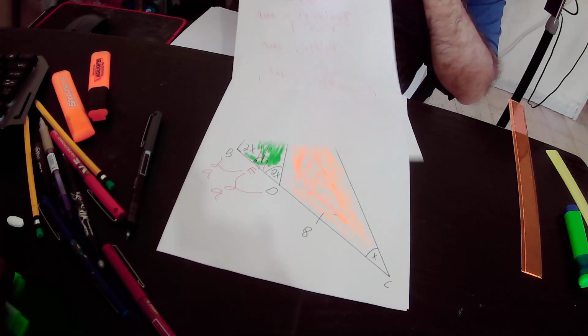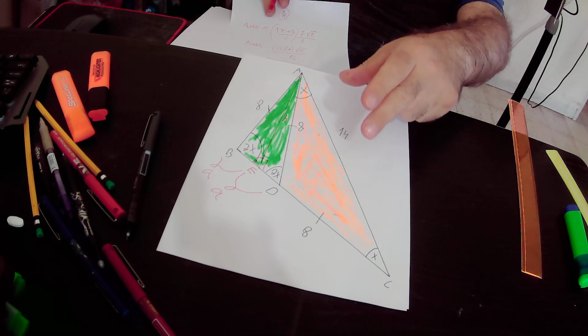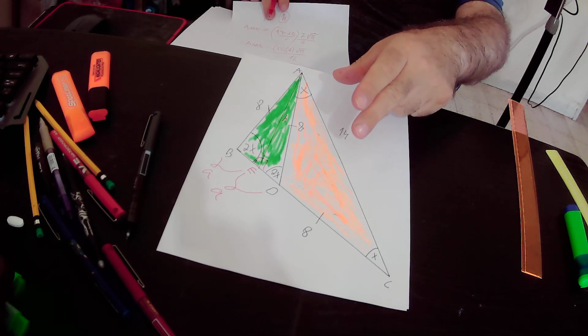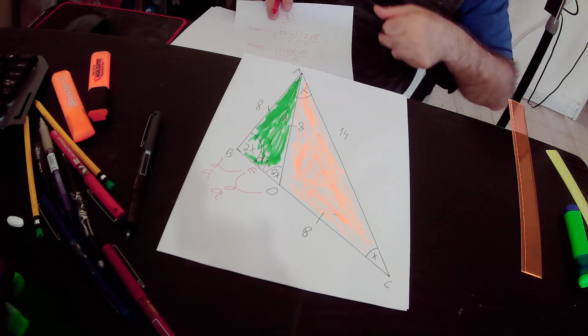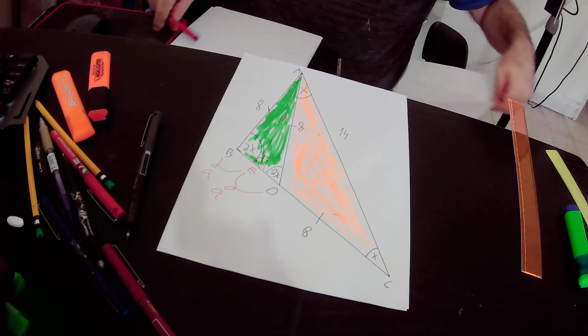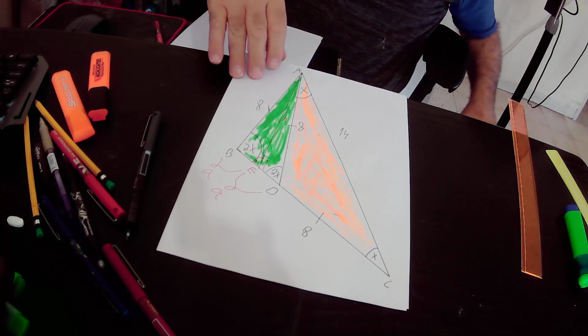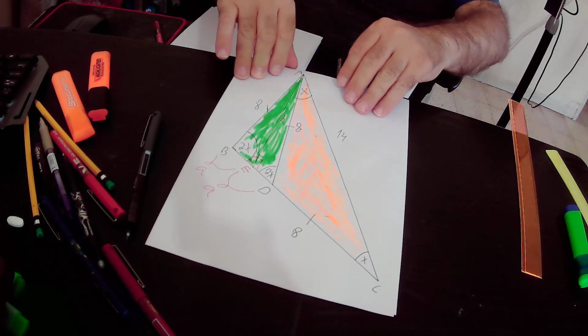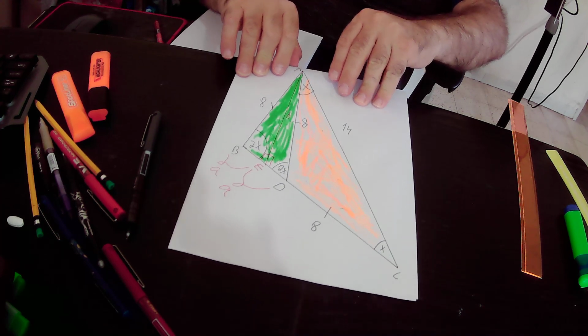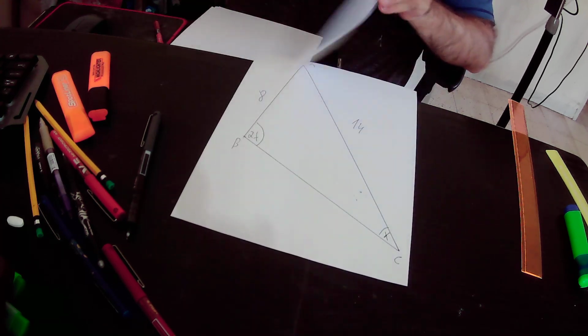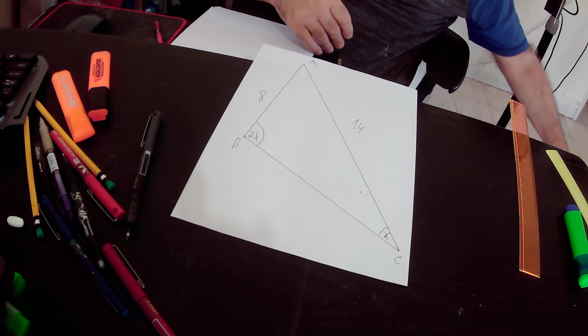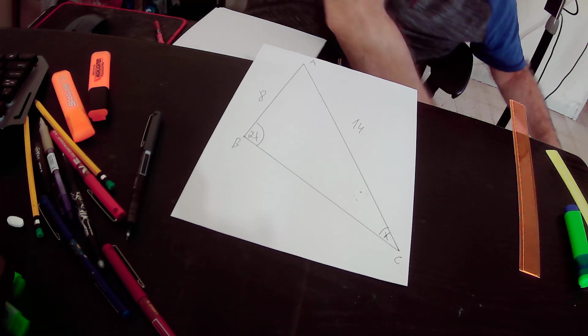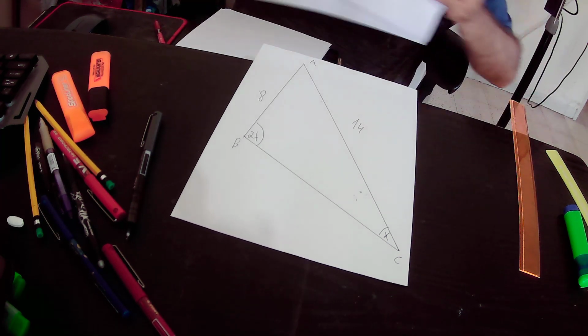Okay. The area of this triangle equals 231 times root 15 over 16 square units. So that was the first method to find out the area of triangle ABC. In the next step I will present to you the second method to find out the area of triangle ABC.